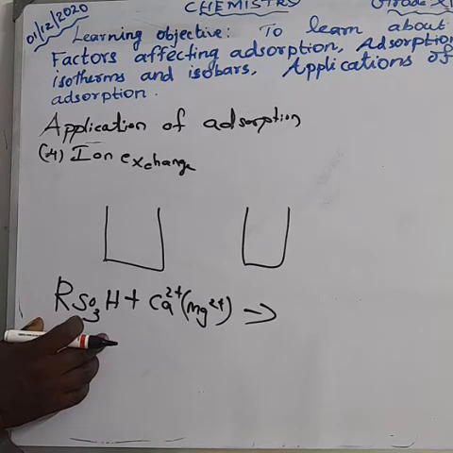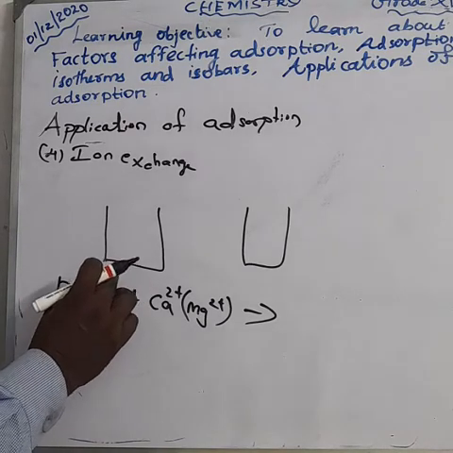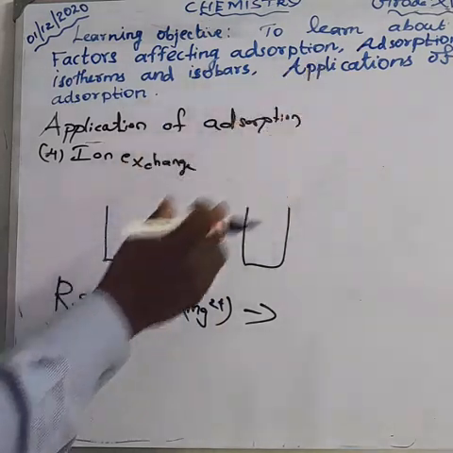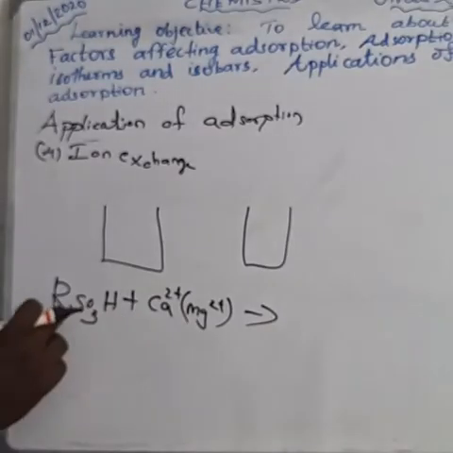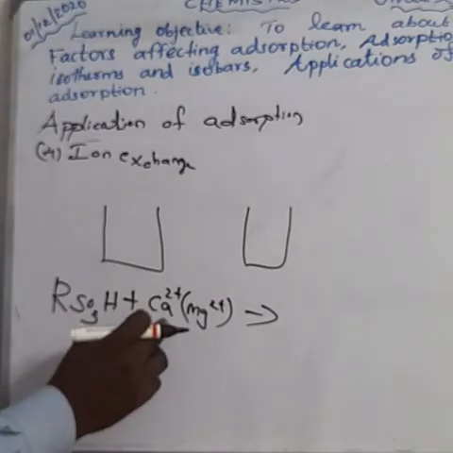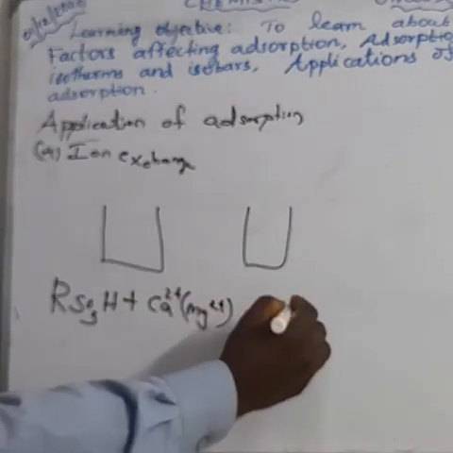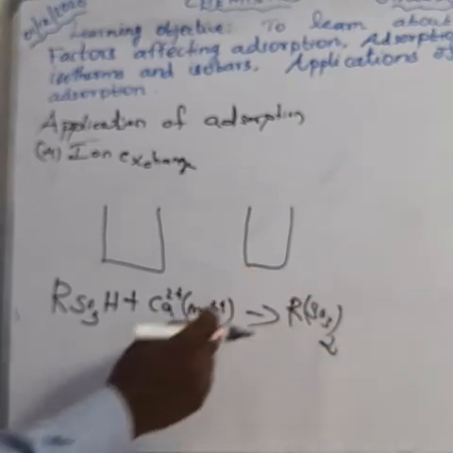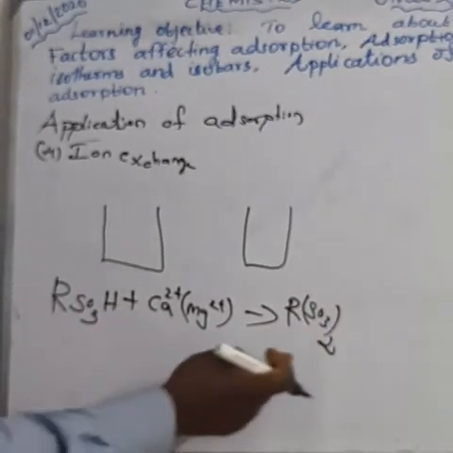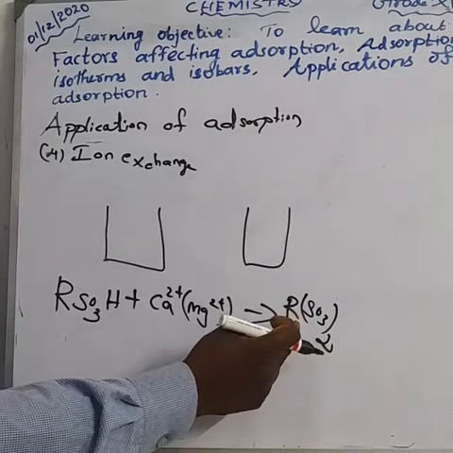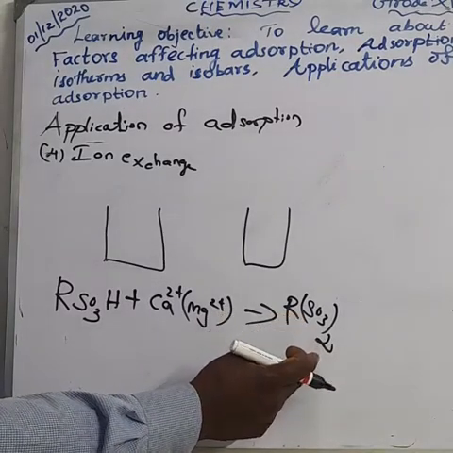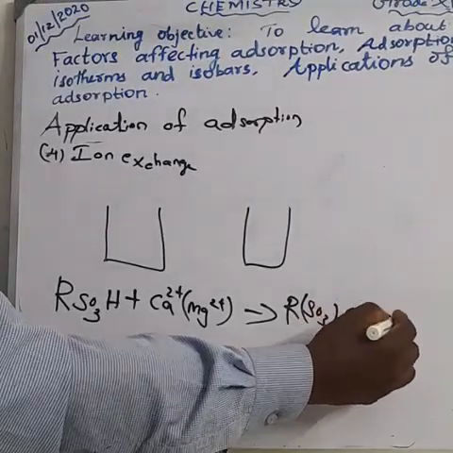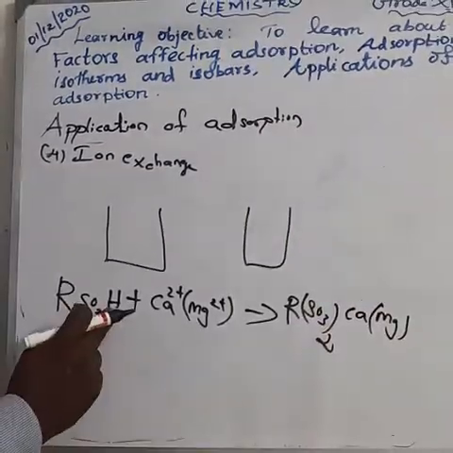R combines with SO3, and the H+ ion is leaving out. The remaining product is (RSO3)2 Ca Mg. It should be balanced, so RSO3 is taken twice.